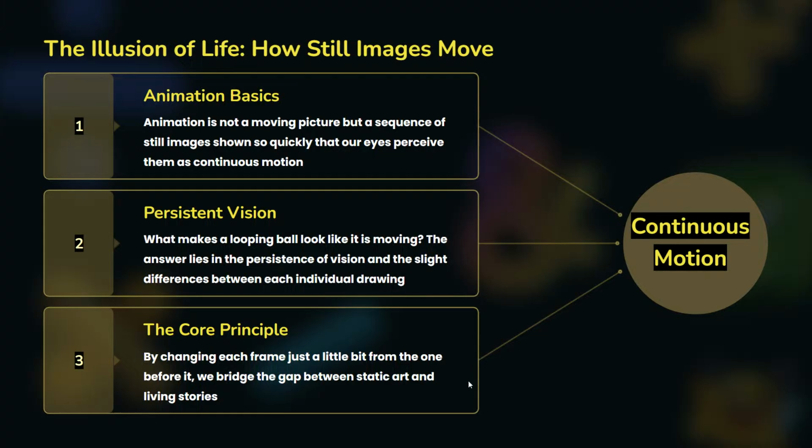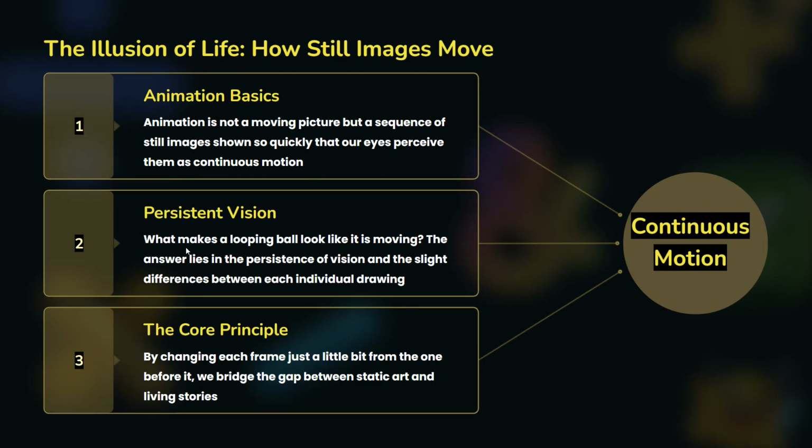Okay. Sorry. So your goal is going to be continuous motion. Animation is not a moving picture, but a sequence of still images, frames, shown so quickly that our eyes perceive them as continuous motion.